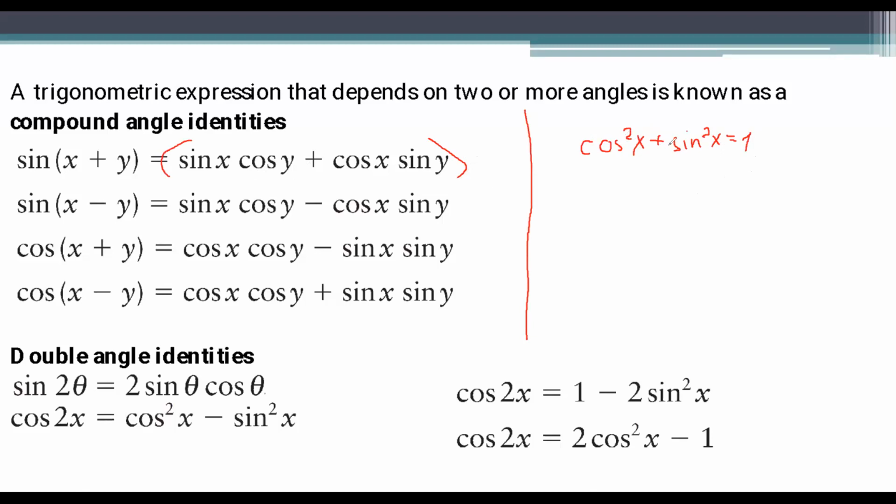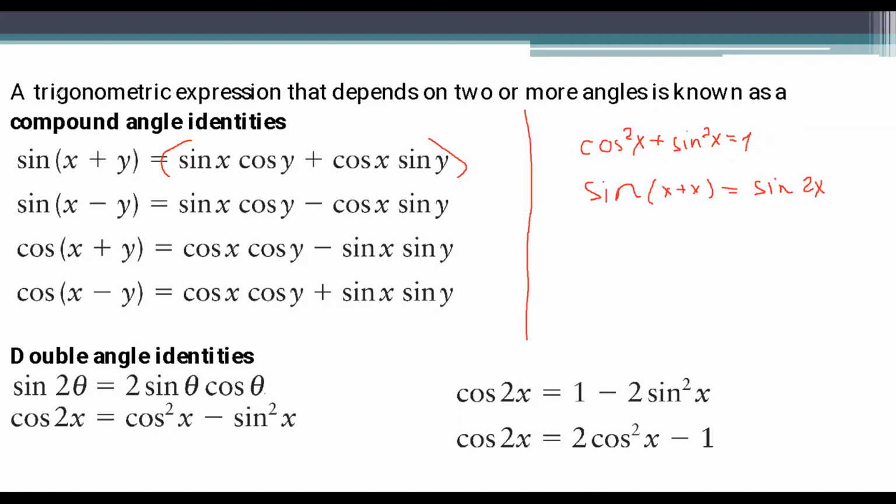So basically, the sum of squares of cosine and sine of the same angle always gives you 1. Just remember this. It doesn't matter whether sine or cosine comes first: cosine squared plus sine squared of the same angle equals 1. Also, sine of x plus x equals sine 2x. Important to remember as well.